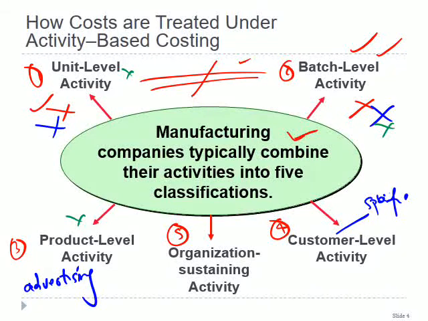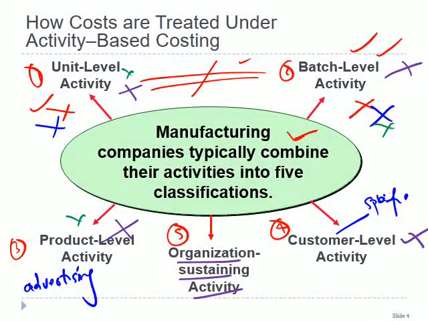And the last one is organization sustaining activities, which means they are not related to customer level, product level, batch level, or unit level activities.